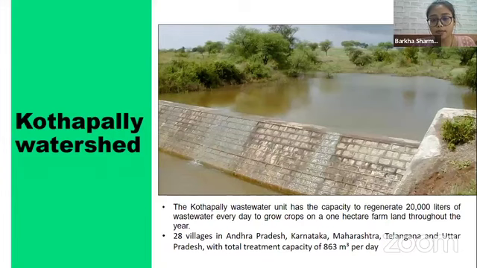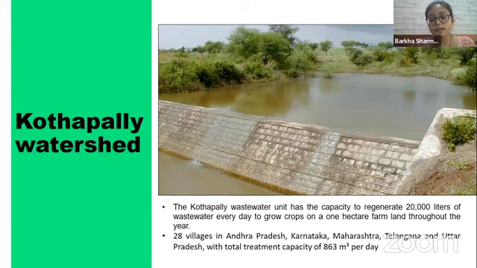This is the Kothapalli watershed developed by ICRISAT. This unit has the capacity to regenerate 20,000 liters of wastewater every day to grow crops in a 1 hectare farmland throughout the year.